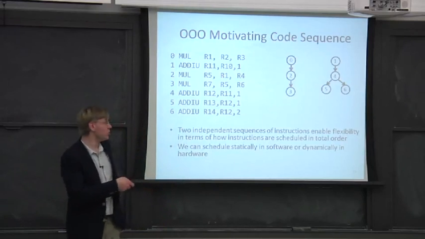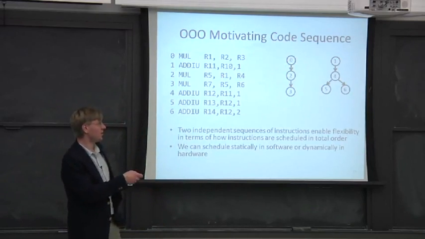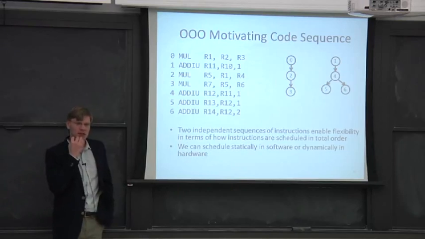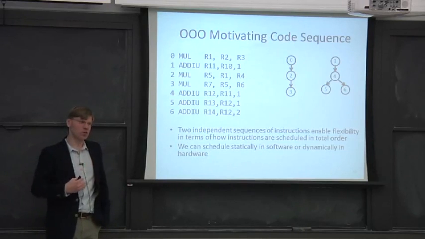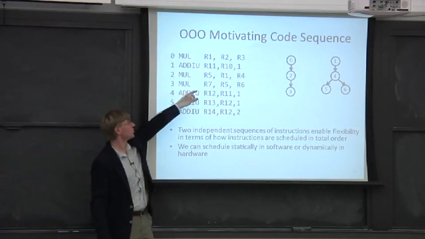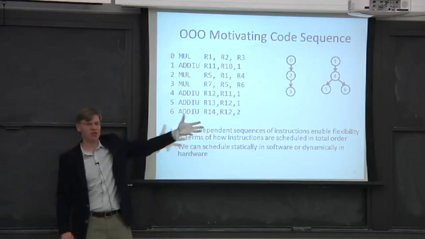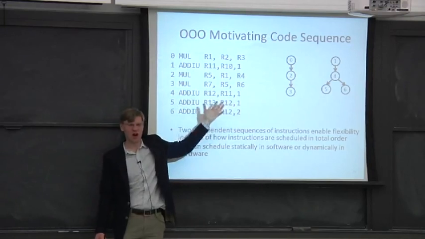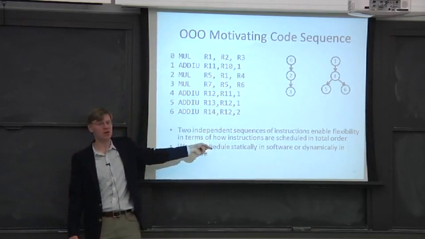So there is no way to express that this and this can execute at the same time in a sequential machine, unless you do something like this. You need to come up with some order. Like this is expressing the parallelism, but it's hard. The hardware has to go and figure out where that parallelism is now.